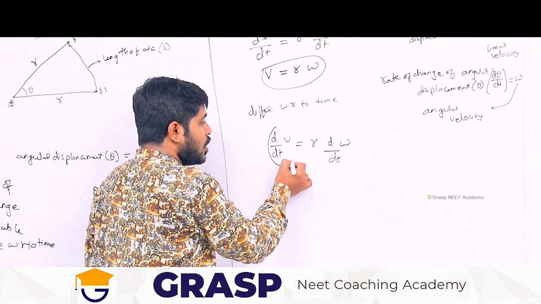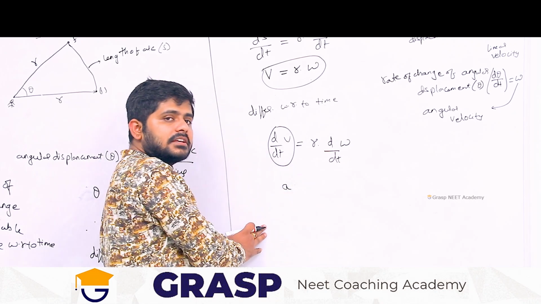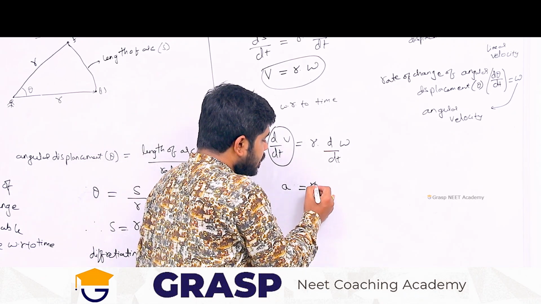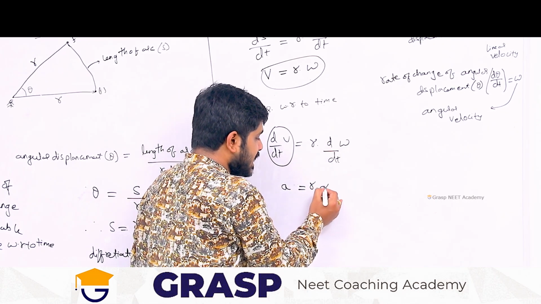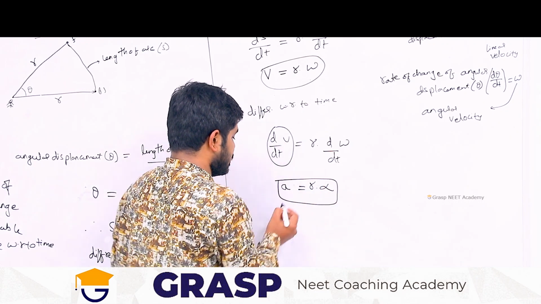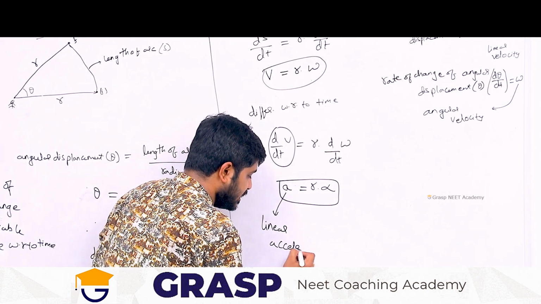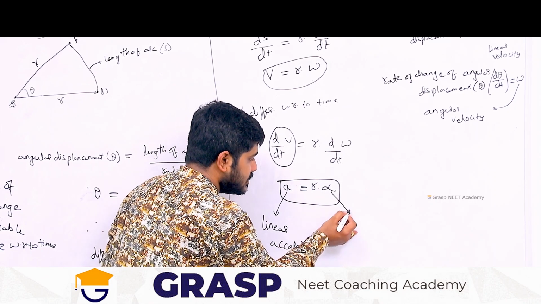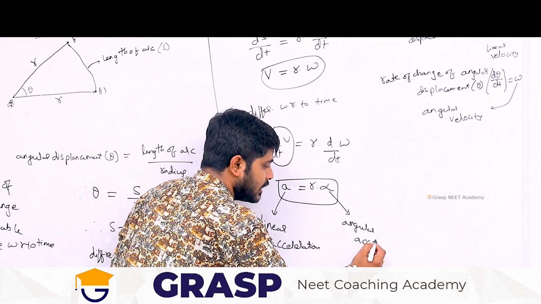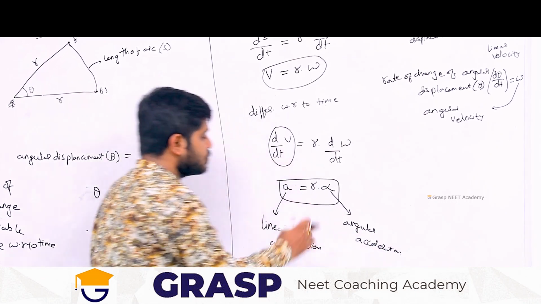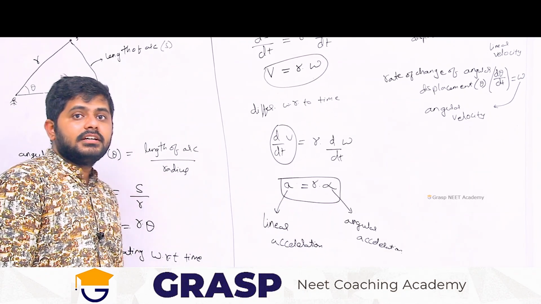The rate of change of velocity means acceleration, that is linear acceleration, which is equal to r into d by dt of omega, the angular velocity, which gives alpha, that is angular acceleration. So this is linear acceleration, and this is angular acceleration. Clear?